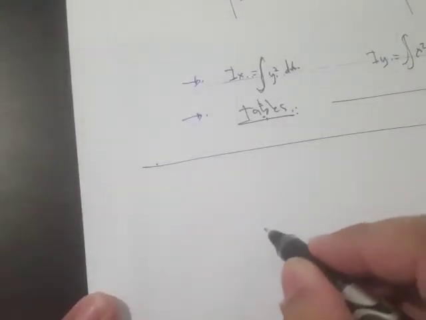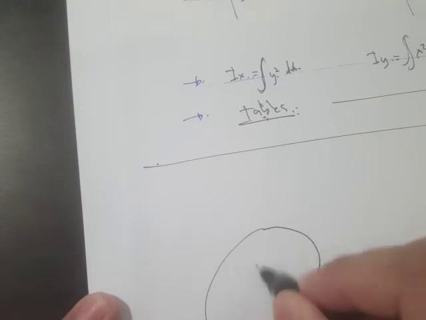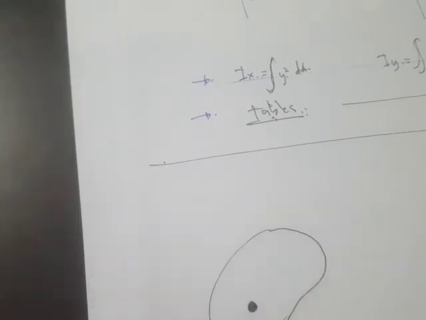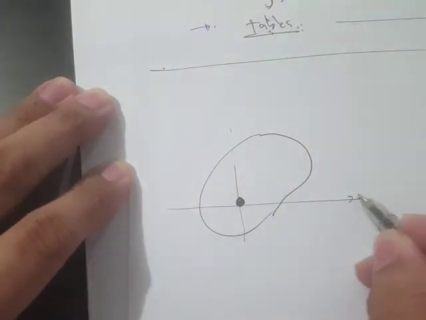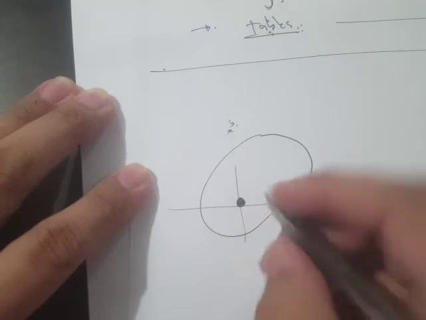Let me draw it here. Let's say I have an arbitrary body or area, and let's say the centroid is right here. This is my x and y axis, the original x and y axis along the centroid.